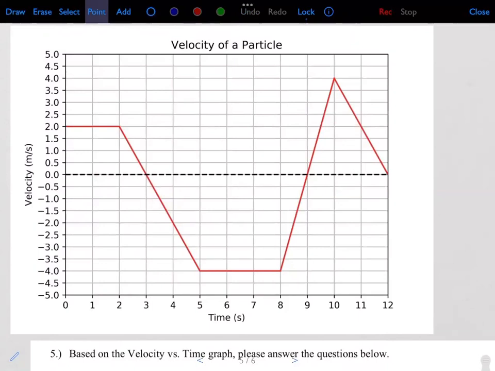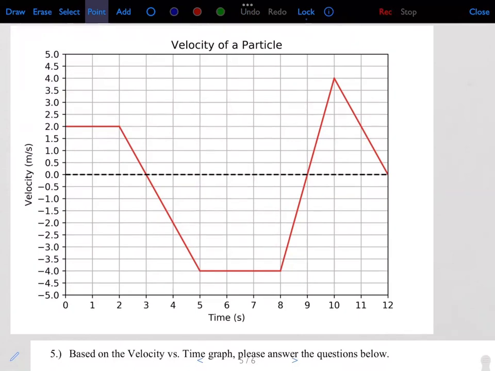If I ask a question about acceleration, that's going to be the slopes of the velocity versus time graph. And if I ask a question about displacement, remember, displacement is going to be the area underneath the velocity versus time graph, where if the velocity is negative, like here, you have to subtract that area. If the velocity is positive, like here and here, you have to add those areas, right? And that'll give you the total displacement, the change in position of the particle.